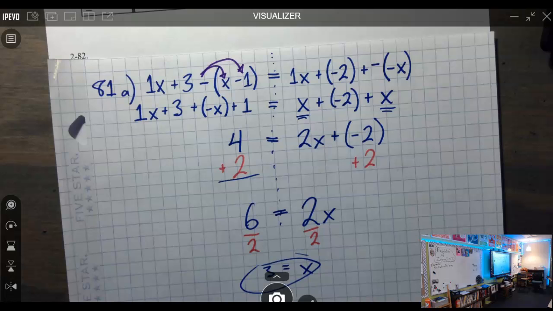Okay, let's do it. So it's 3y plus 2, y plus 2, right? Subtract y from both sides, so it's 2y plus 2.